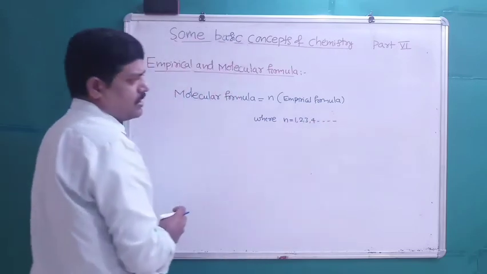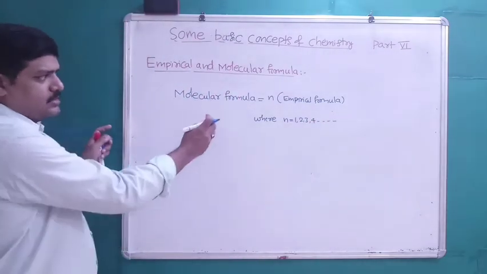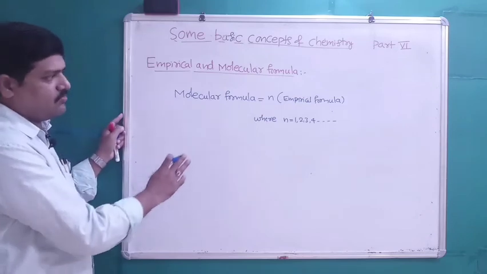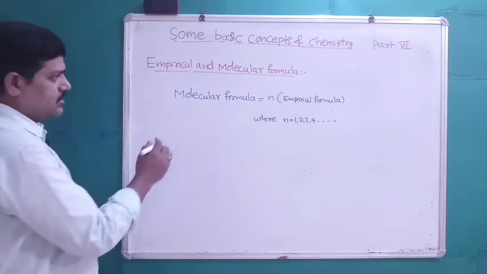It is a positive whole number, right? Small n indicates a whole number, 1, 2, 3, 4, like that it will go.